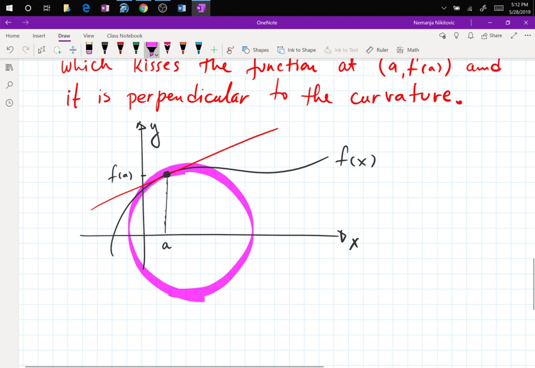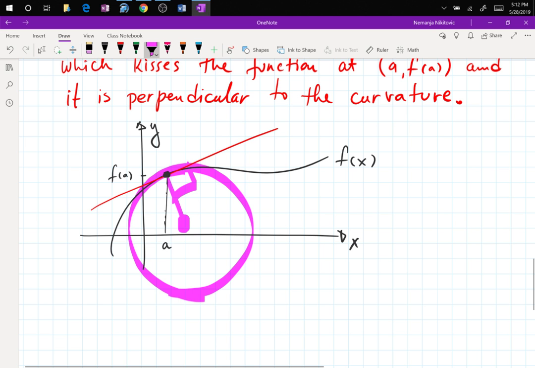And that circle will have a radius to its center, and the tangent line is always perpendicular to the radius of that circle.